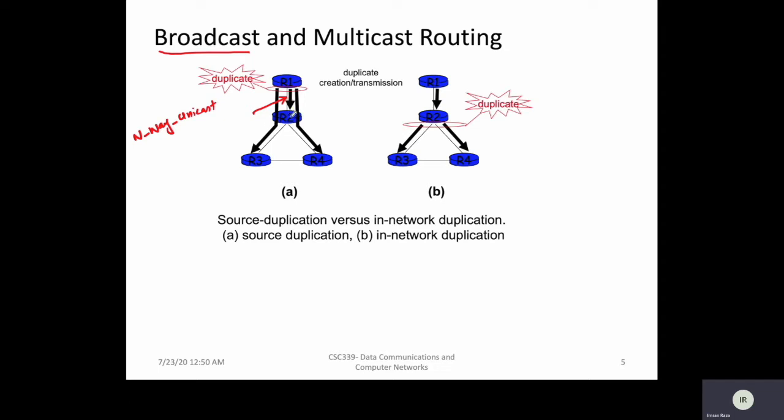It would clearly be more efficient to send only a single copy of a packet over this first hop to R2, and then have the node at the other end of the first hop make and forward any additional copies needed, right?